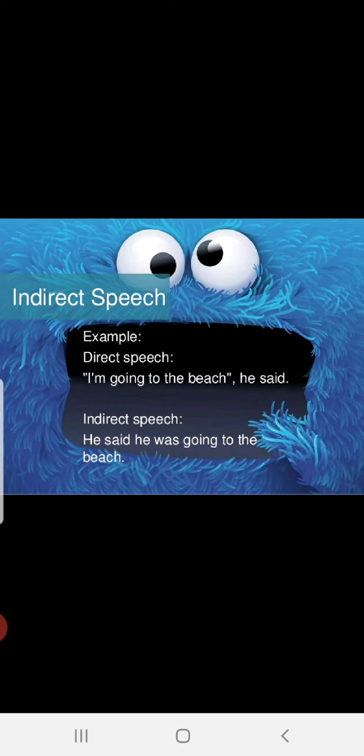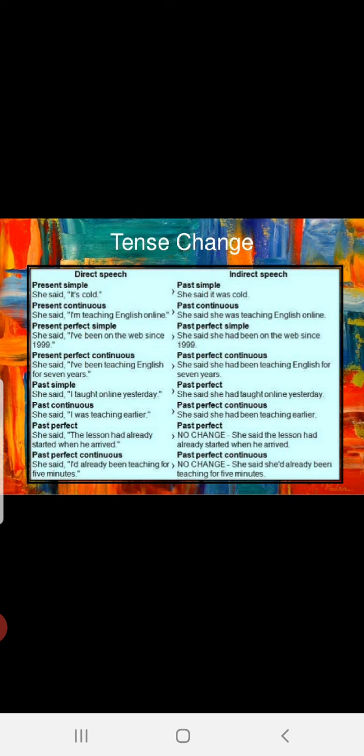It is simple past. Now, as per the chart I had given you, examples are given for you. Present simple: She said, "It's cold." Past simple: She said it was cold. Fine. Present continuous, the ing form: She said, "I am teaching English online."